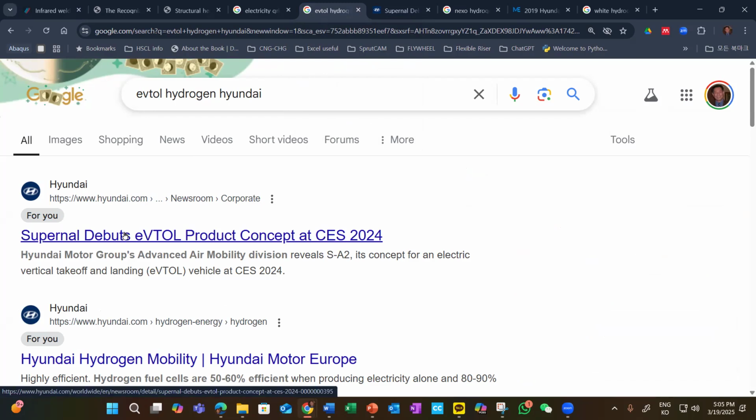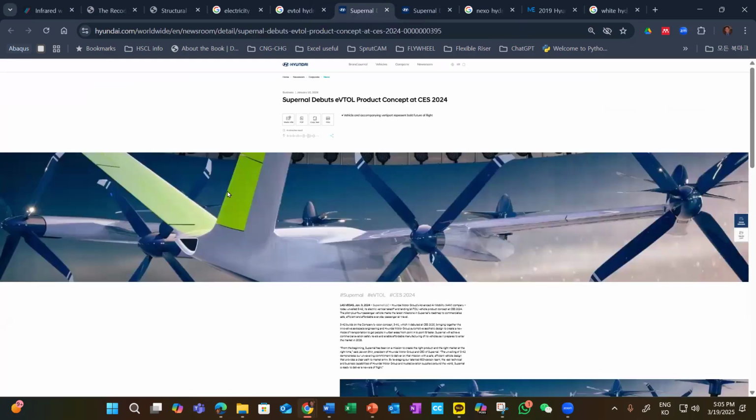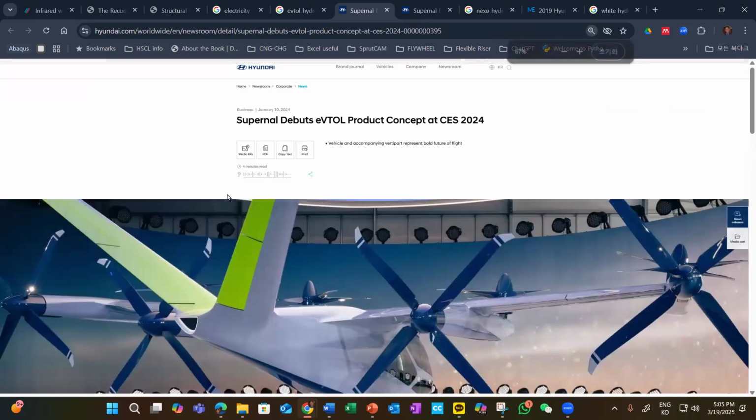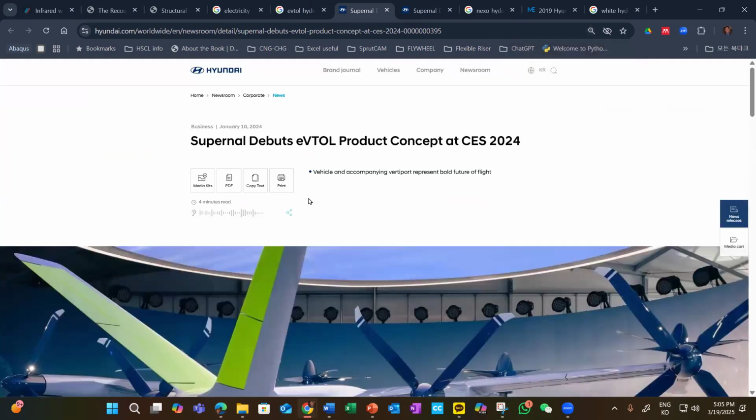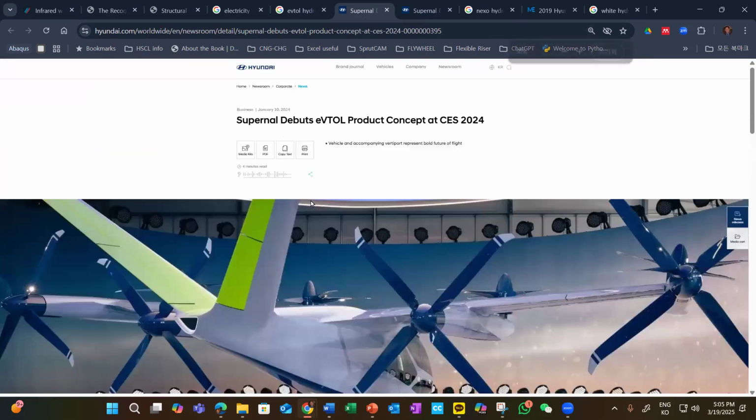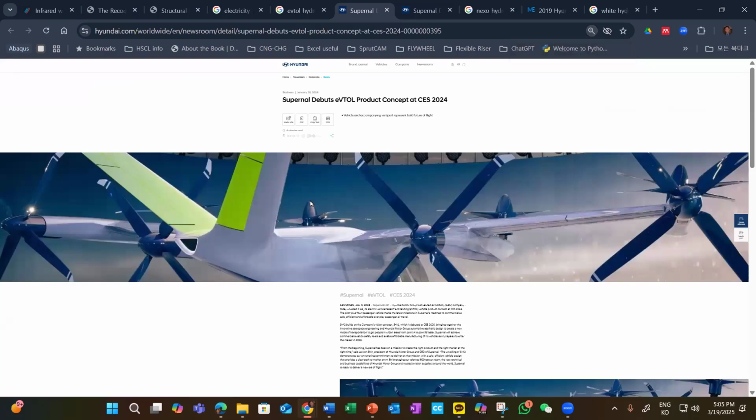eVTOL is, this is the... Hyundai released the eVTOL, electric vertical takeoff and landing.